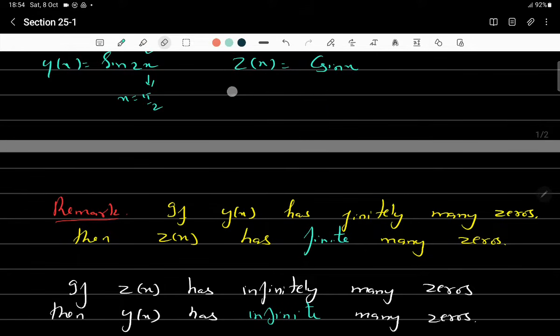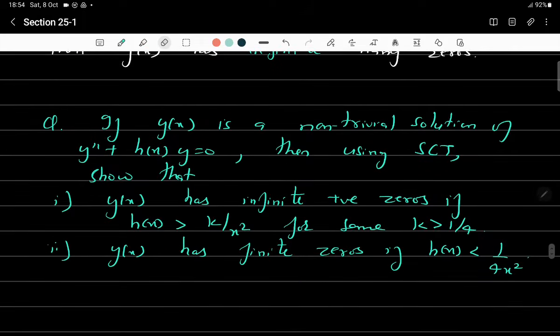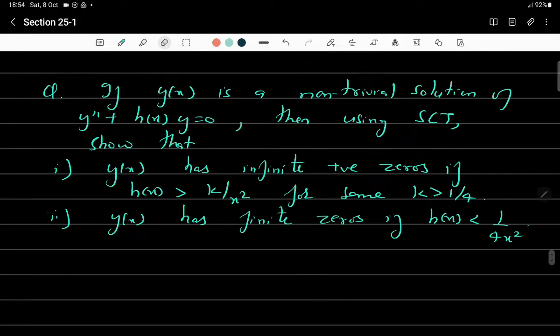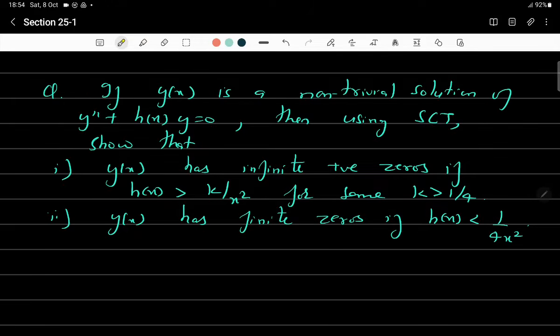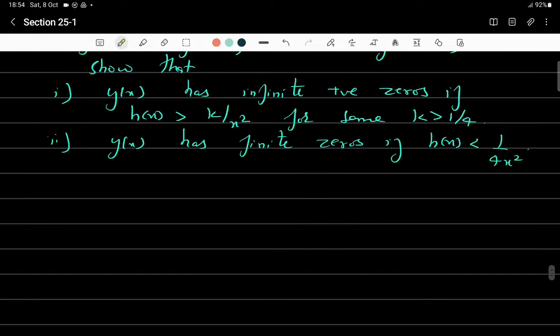For better understanding, let's do a question. The question says that if y(x) is a non-trivial solution of y'' + h(x)y = 0, then using the Sturm comparison theorem, show two things. One is y(x) has an infinite number of zeros if h is greater than k/x² for some k greater than 1/4.